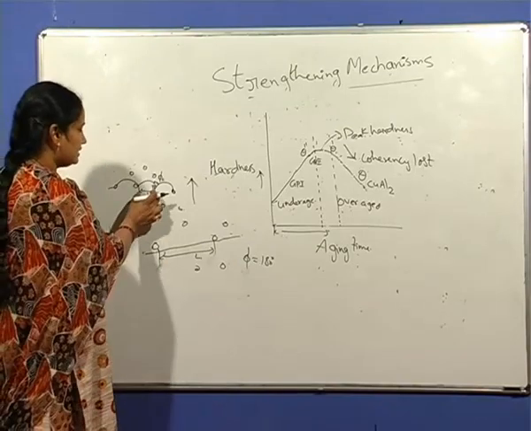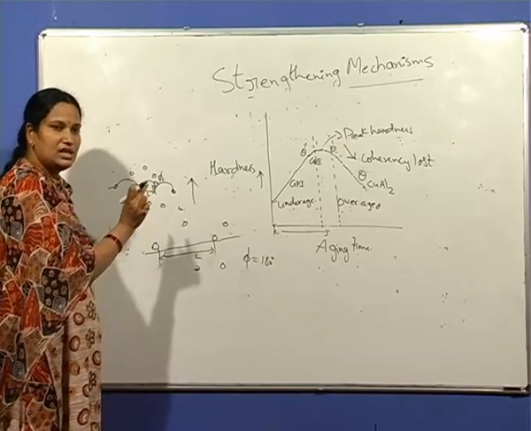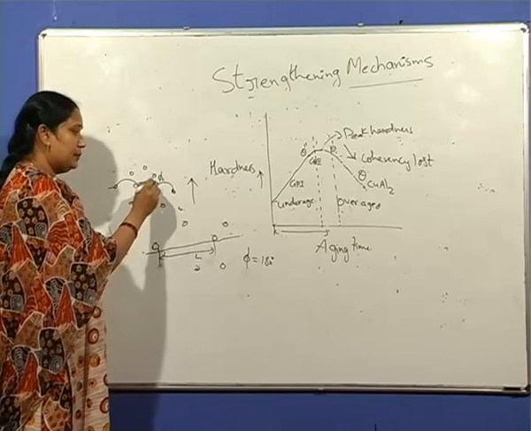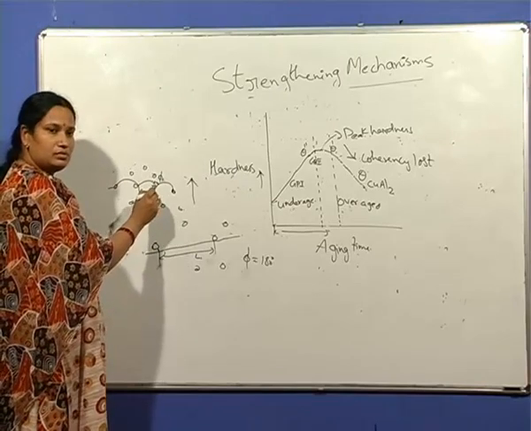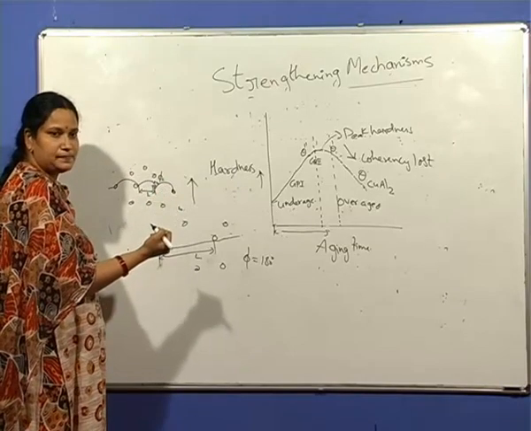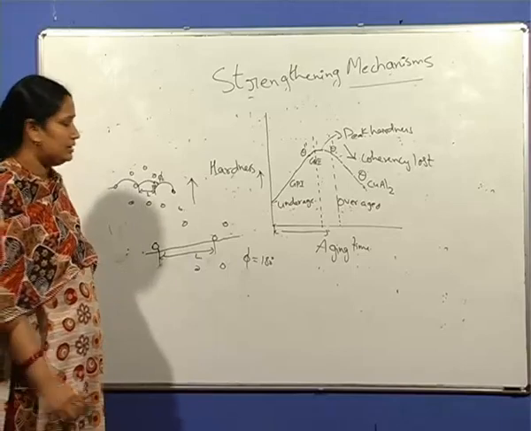So in this case, the distance between the obstacles or spacing between the obstacles is very small, and the dislocation has to bend to overcome these obstacles. So to bend at the dislocation, the angle is given phi.